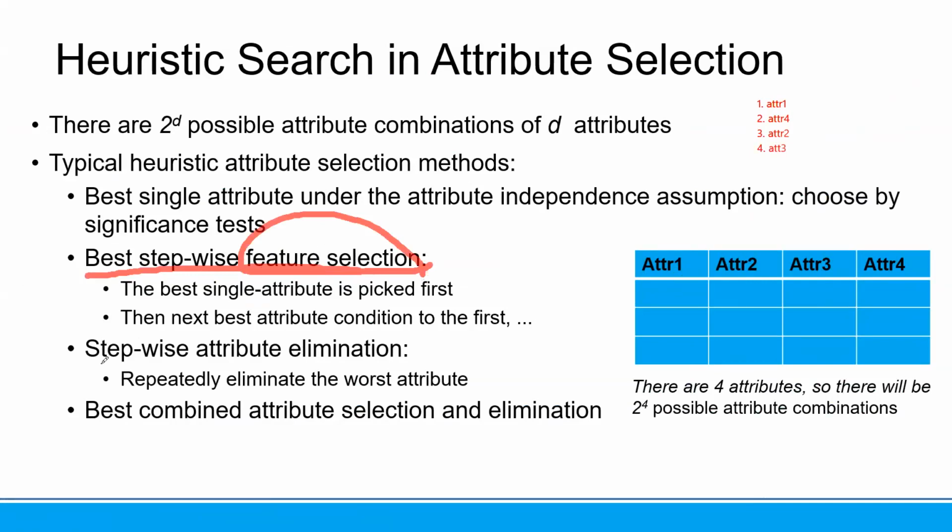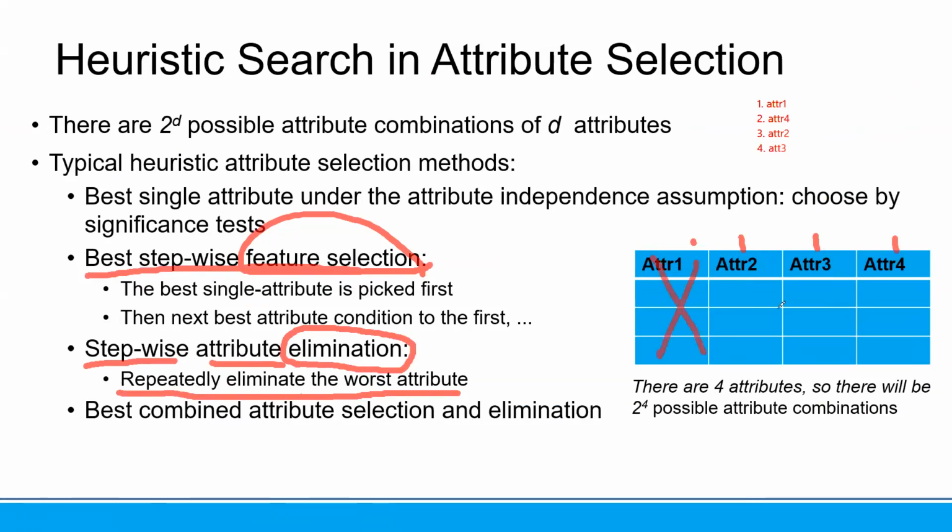The other way is the stepwise attribute elimination. Elimination means we want to remove from attributes 1, 2, 3, 4. We will repeatedly eliminate the worst attribute. Maybe attribute 1 is the worst, so we remove it.